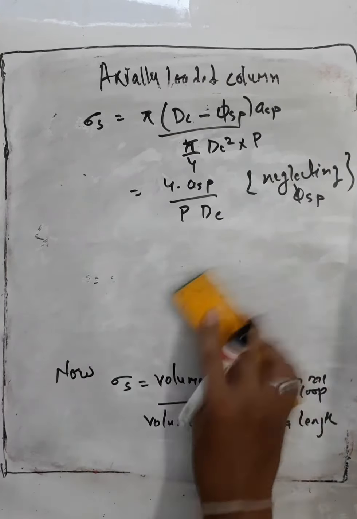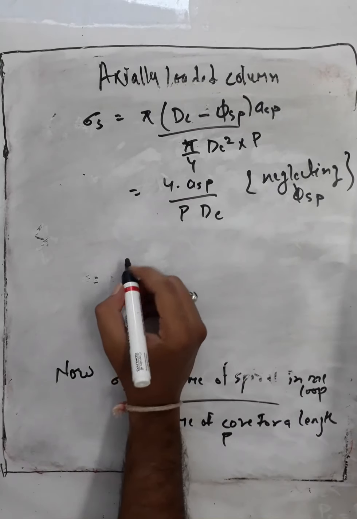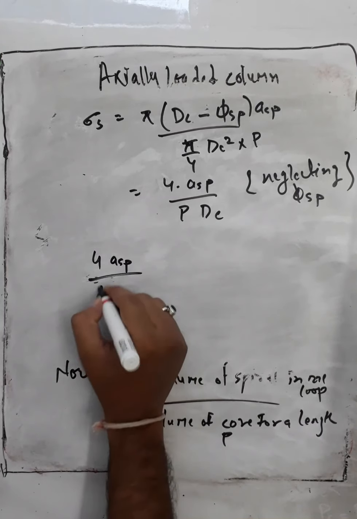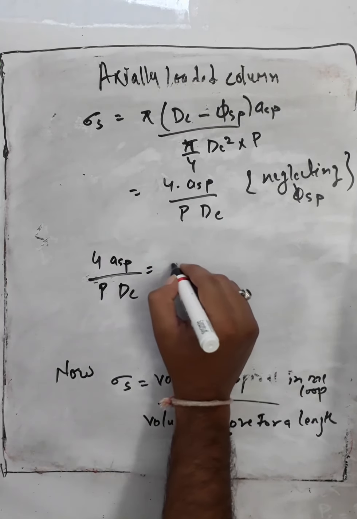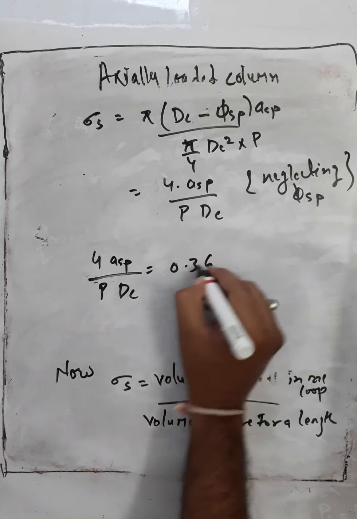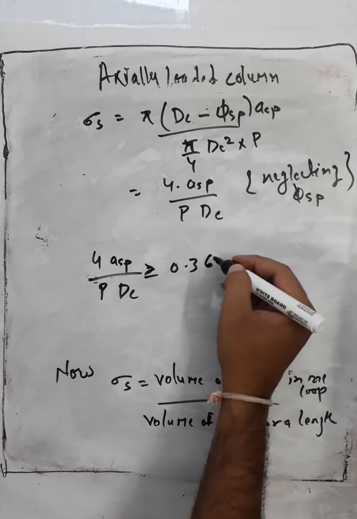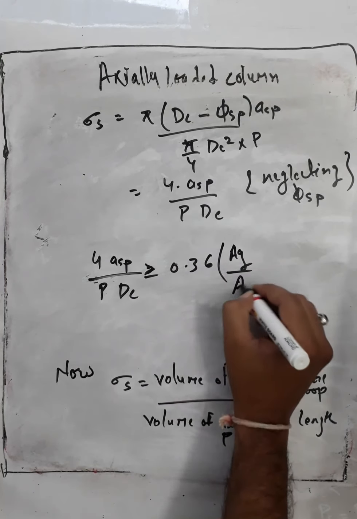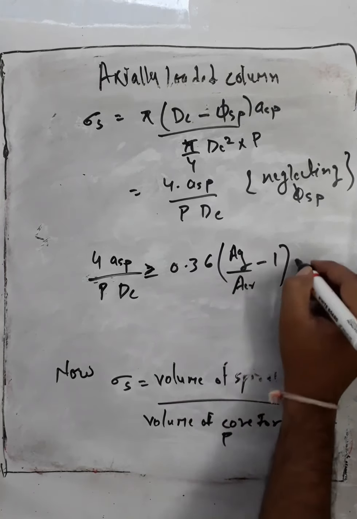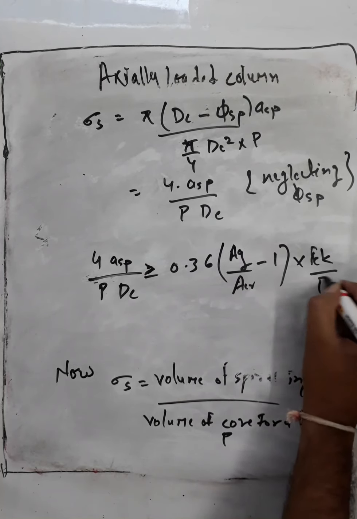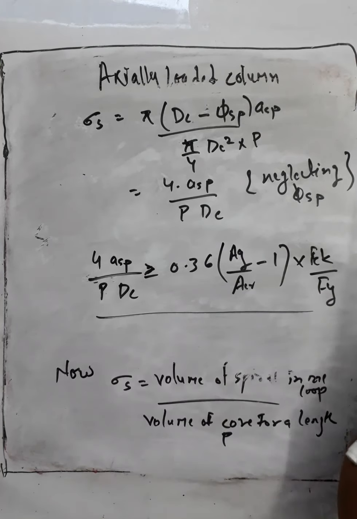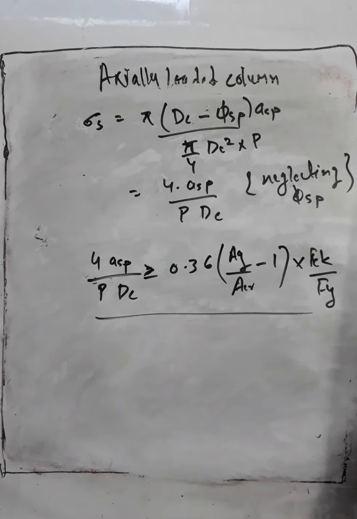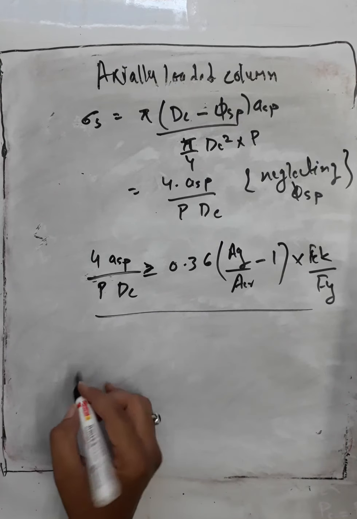Now put this value and compare with the equation: 4 ASP upon P DC is greater than or equal to 0.36 (AG upon ACR minus 1) FCK upon FY. So this is the formula when we design a short axially loaded column with helical reinforcement.